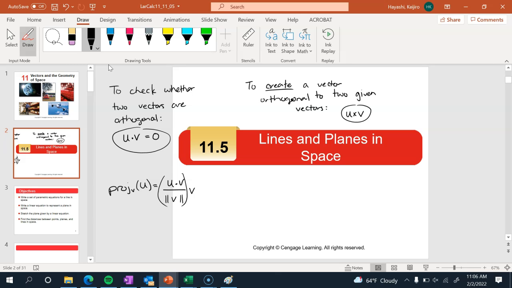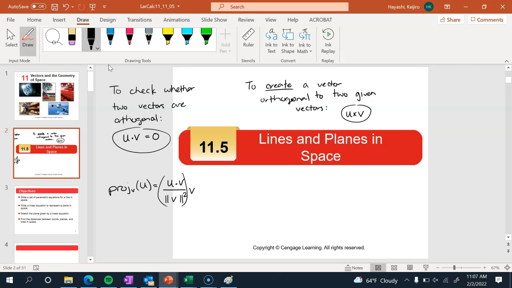Let me just verify that real quick. Oh, right, it's squared. That makes more sense. I was leaving something off.